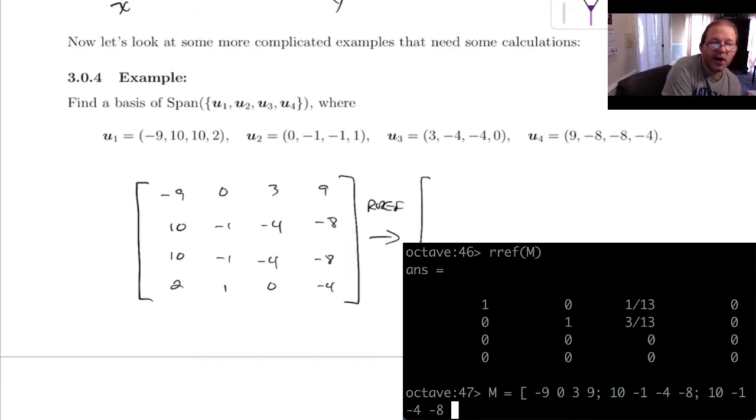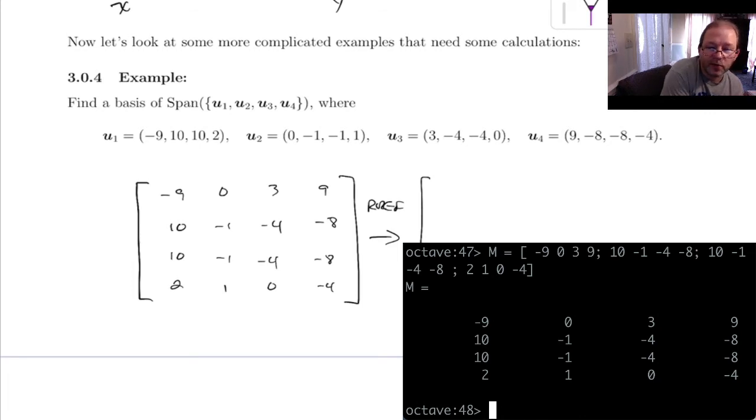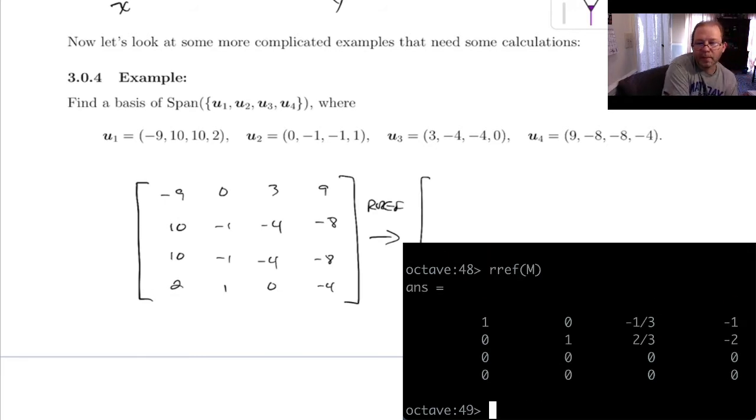And I noticed something right off. We've got two rows that are exactly the same, but row reducing will take care of that. All right, is that correct? 9, 10, 10, 2. Yeah, that's good. So when I row reduce this thing, I get this.